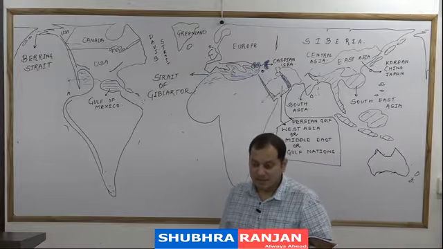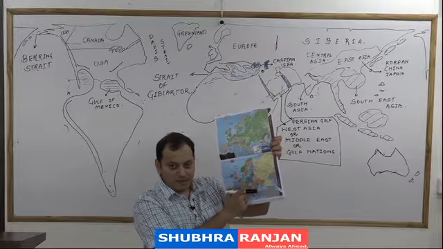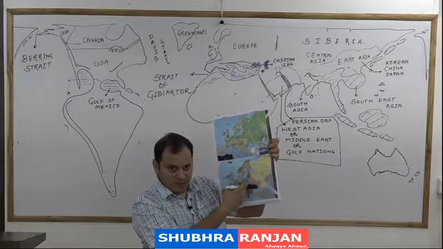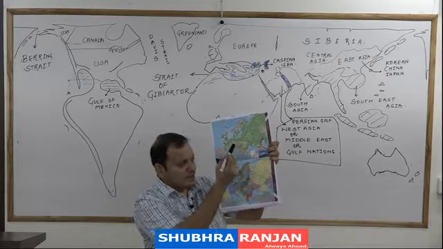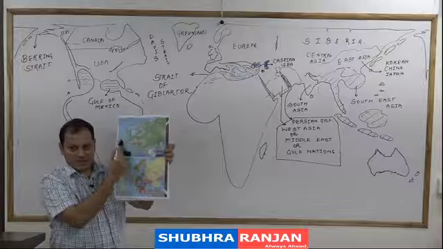When we look at page number 76, look at the political map. You always have to look at two maps together. One is the political map, where you will understand the countries and continents, and the physical map, where you will understand the physical features. Now how to study this atlas?